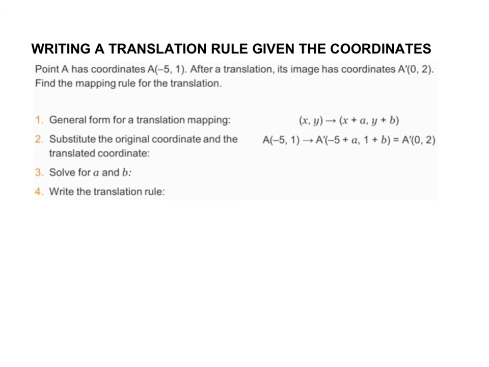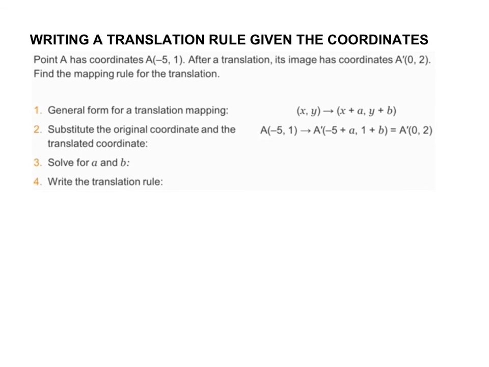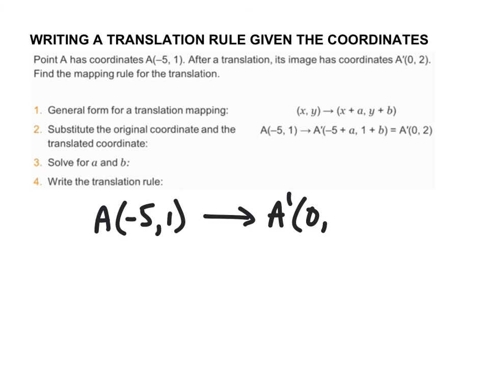So looking at my points, point A is negative 5 comma 1. We translate that to get A prime, and that's going to give me the point 0, negative 2. So what I do is I look at this and I go, okay, to go from negative 5 to 0, what do I have to do?